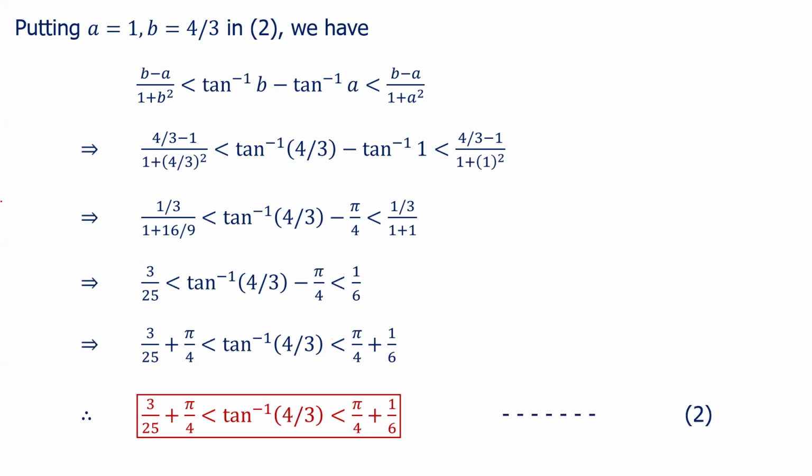So in this manner, we are able to apply Lagrange's mean value theorem, and we can prove some fundamental result. And with the help of that fundamental result, we are also able to get some particular result of the given function. Thank you.